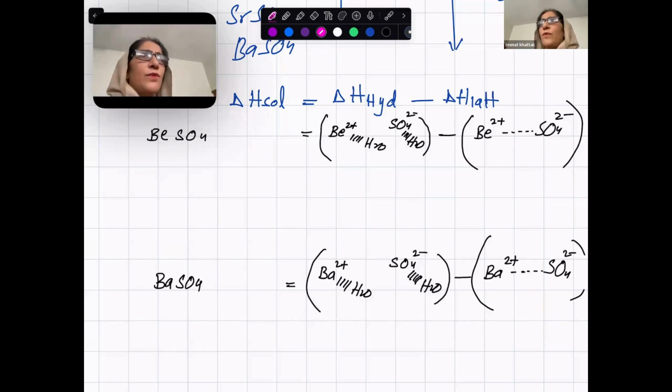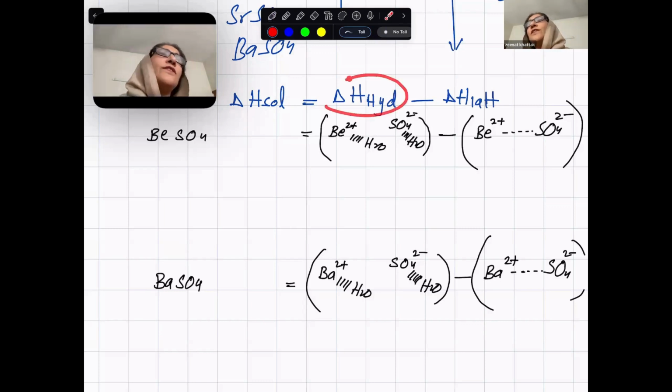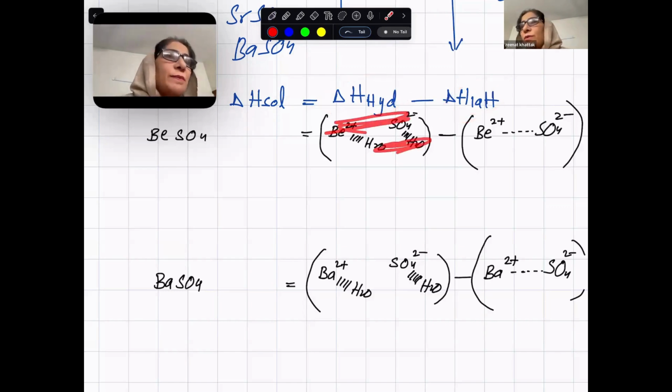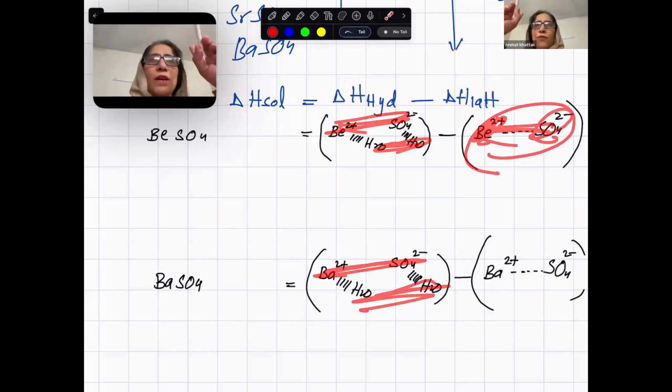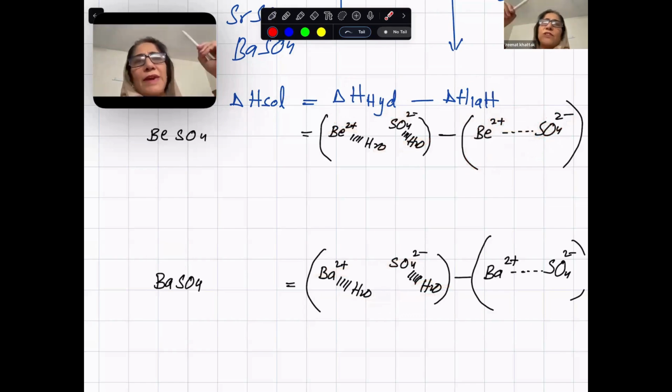Now, one thing that you can see: in hydration and lattice, the ions are attracted by water, and in the lattice, beryllium is attracted by sulfate, one mole of ionic lattice from gaseous ions.